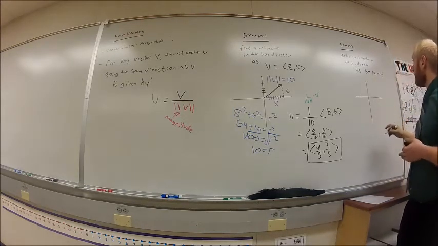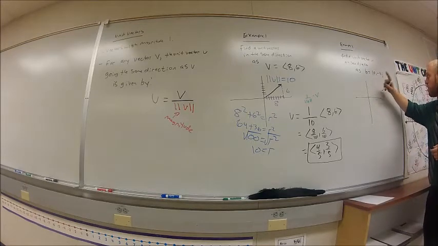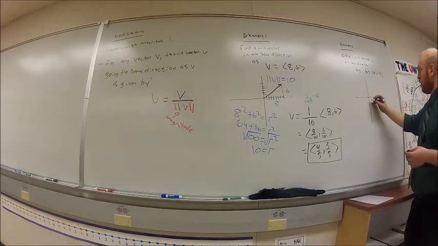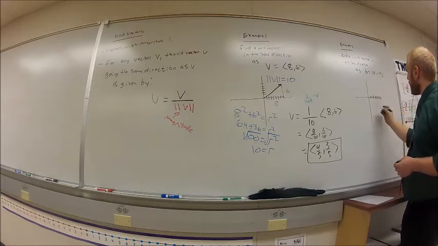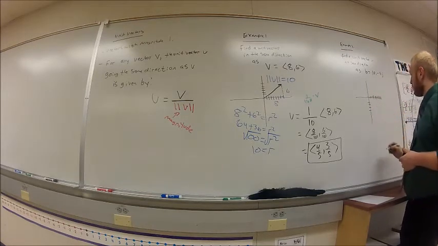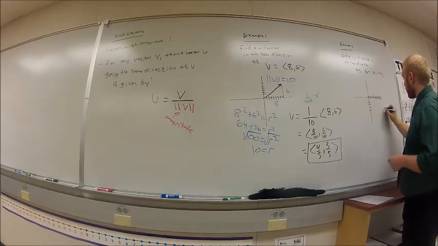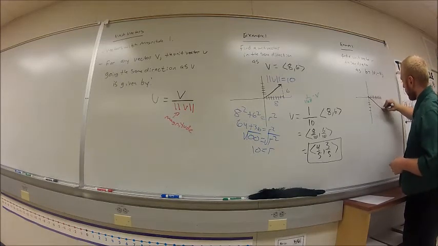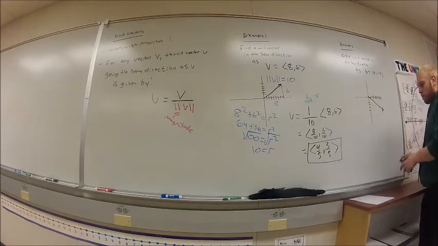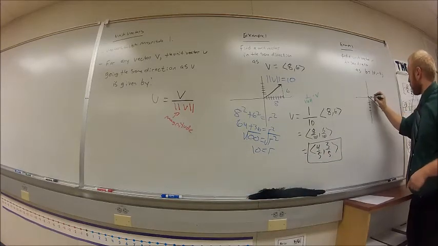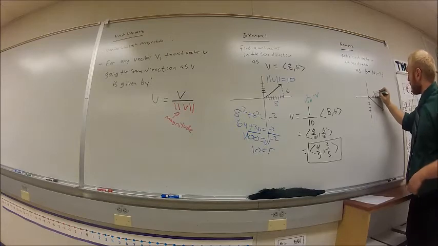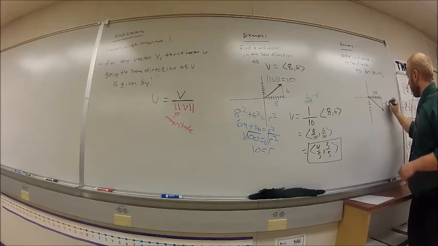If it's 10i, that means you're going 10 in the horizontal direction and negative 4 in the vertical direction. So out 1, 2, 3, 4, 5, 6, 7, 8, 9, 10, and down 1, 2, 3, 4. Remember, we made our vector, made a triangle out of that thing. So for a triangle, we're going to go up here and across there. If we think about it, that was 10, and that was negative 4.